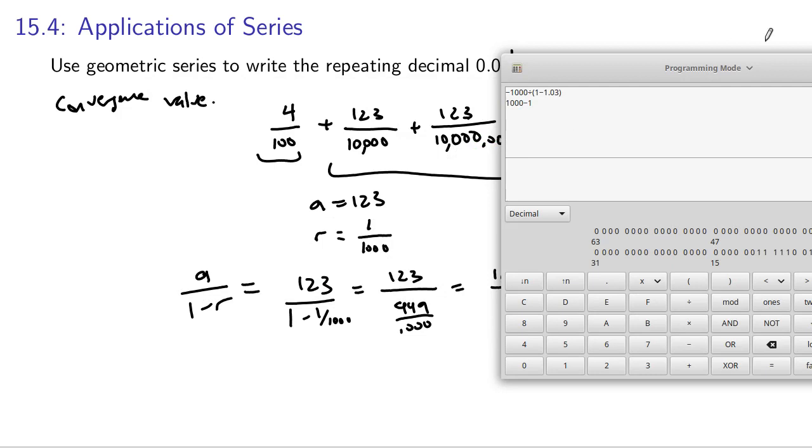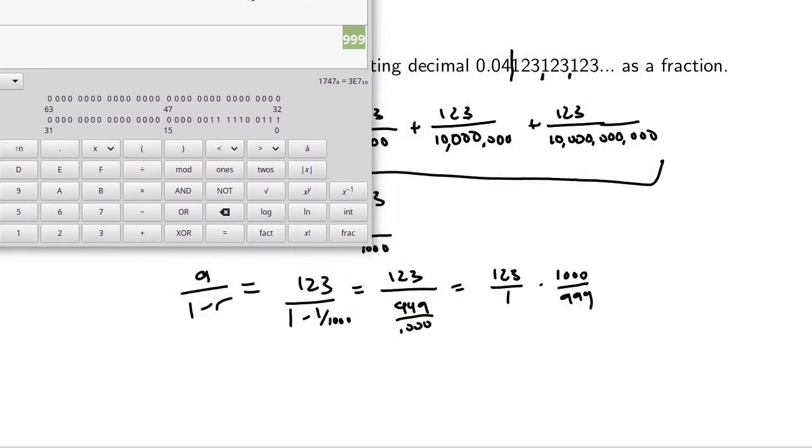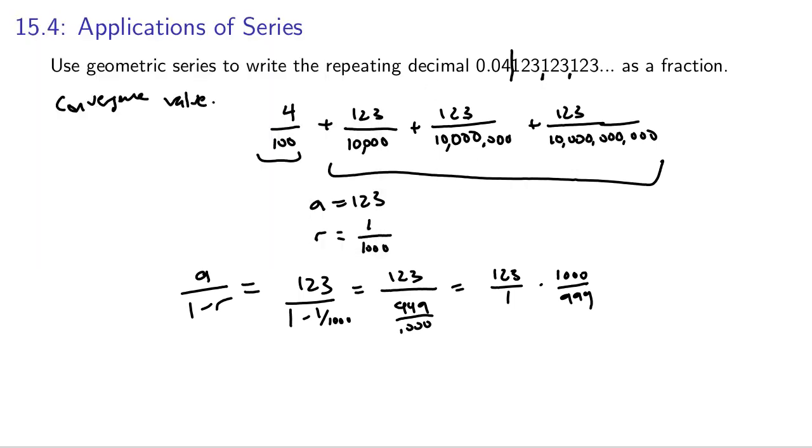So we've got 1 minus 1 over 1,000, and 123 over that. So that gives us the wrong answer. So something I've done wrong at the very beginning. Yes, our initial value is not 123, it's 0.00123, because it's this whole part of this decimal.